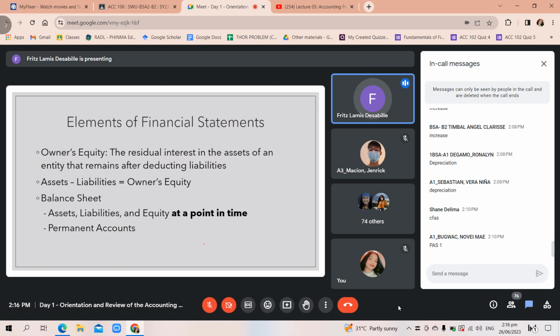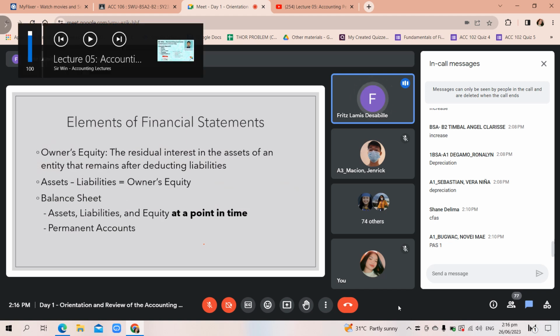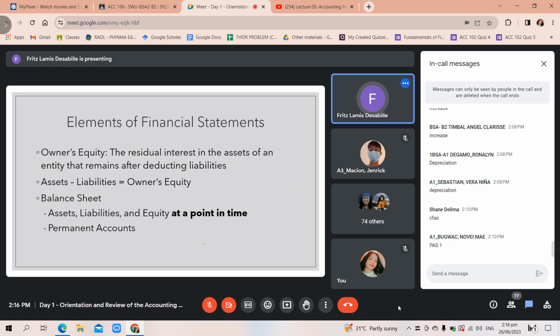Another one is owner's equity, the residual interest in assets. This is a term we will encounter a lot in this subject, so please familiarize yourself with the word residual definition.